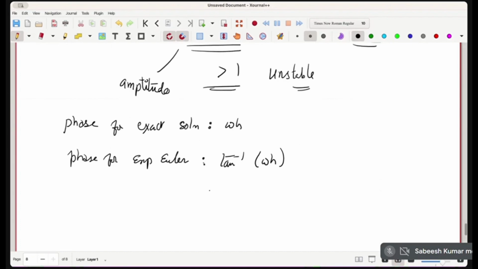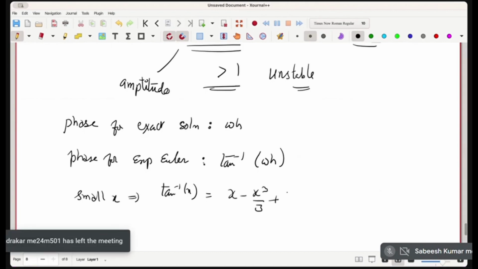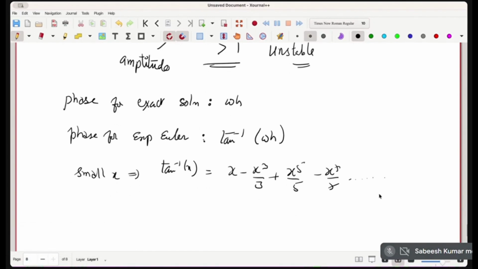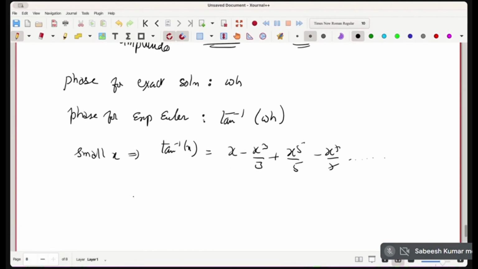What is tan inverse x? For small x, tan inverse x can be written as x minus x cubed by 3 plus x to the power 5 by 5 minus x to the power 7 by 7, and so on. That is the tan inverse x expansion. Then what is the phase error between the exact solution and the explicit Euler solution?